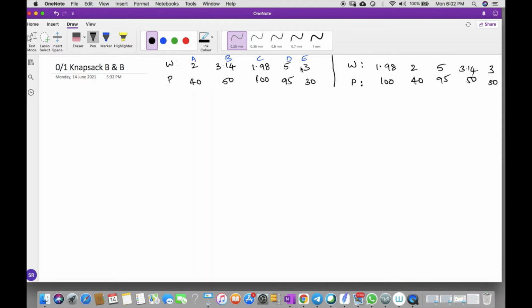So this is C, this is A, this is D, this is B, and this is E. So we have arranged in decreasing order of P by W ratio. Once we have done this, we will start with the state space tree.